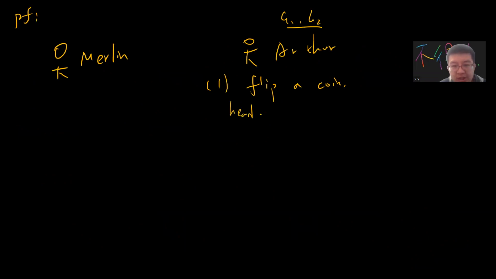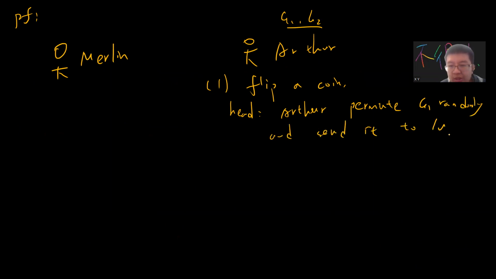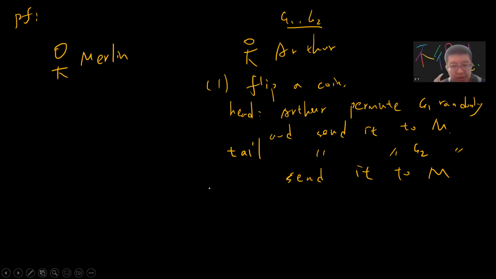If it's heads, then Arthur permutes G1 randomly and sends it to Merlin. If it's tails, then Arthur permutes G2 and sends it to Merlin.